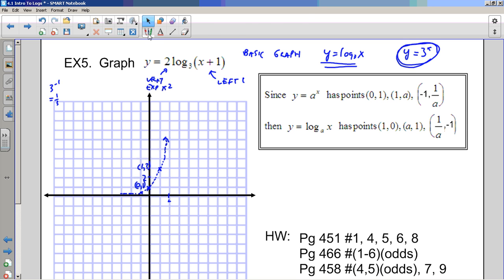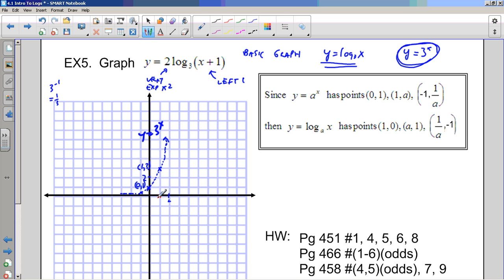I don't know. I am going to spend the moments, though, just doing this exact same thing. Here's the graph of y equals 3 to the exponent x. So the graph of log base 3 has these points flipped.